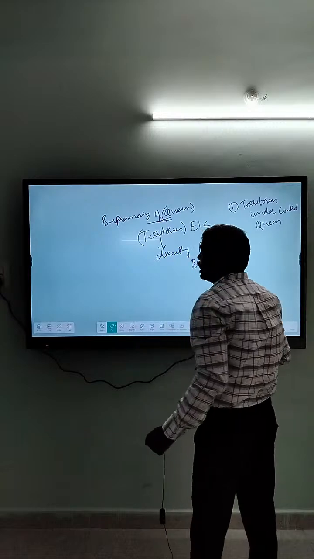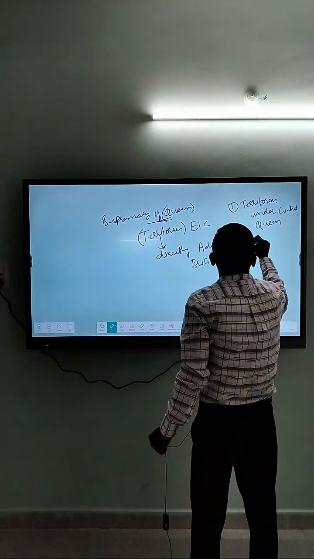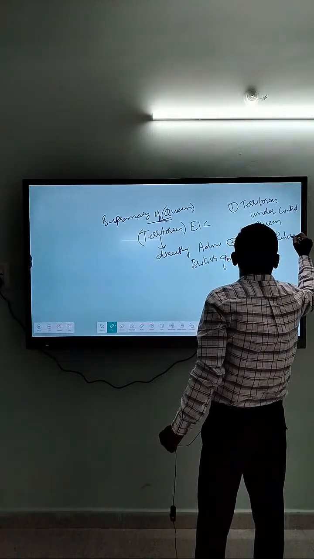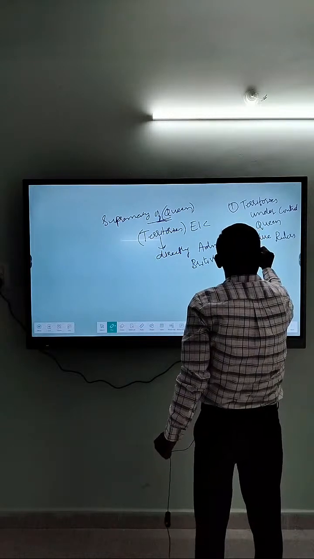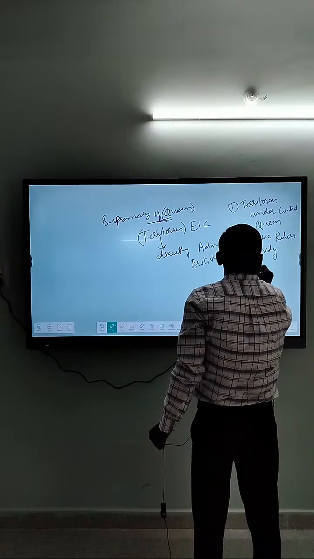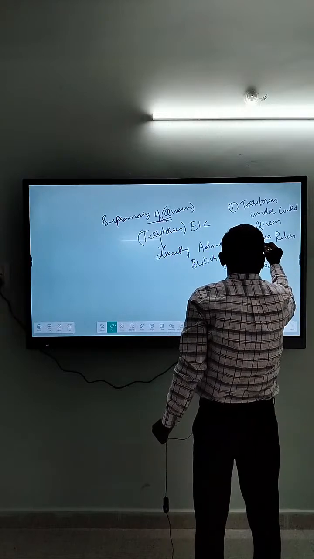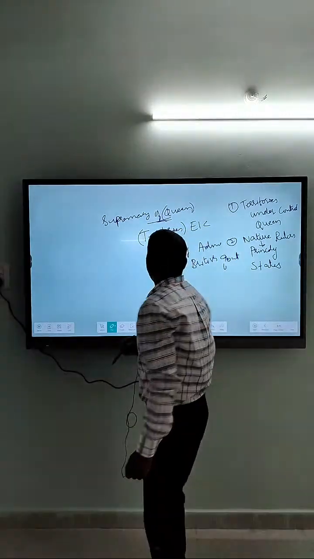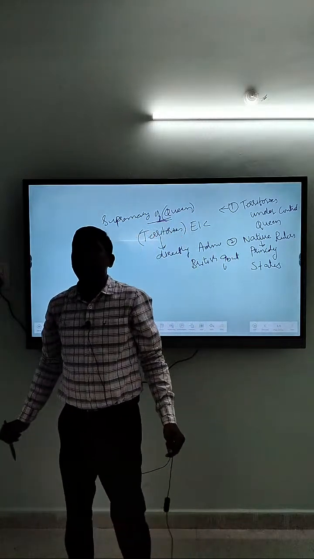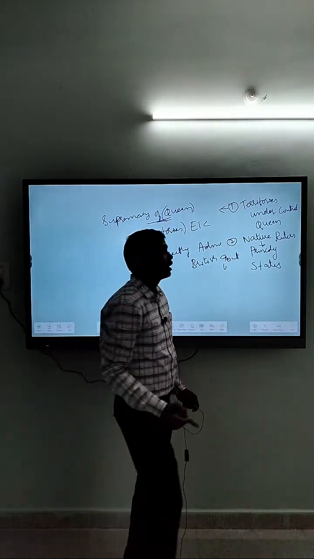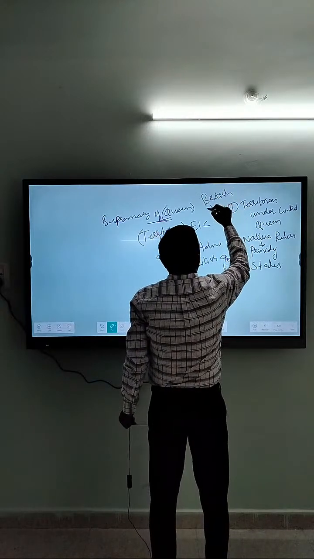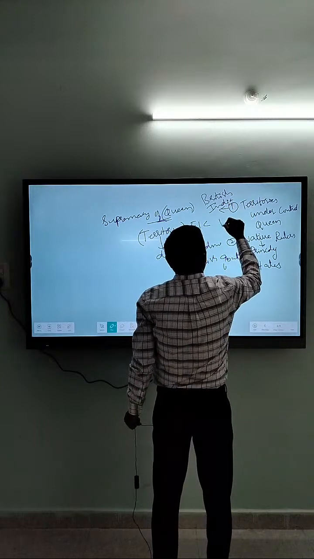Second is territories under the control of native rulers. We call them local princes, so these are called princely states. And those territories under the direct control of the Queen are called British India provinces.